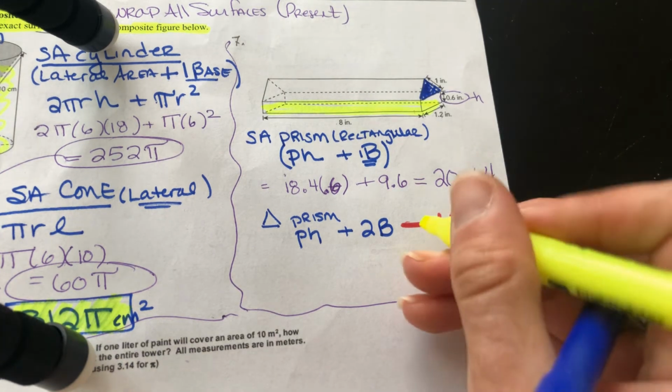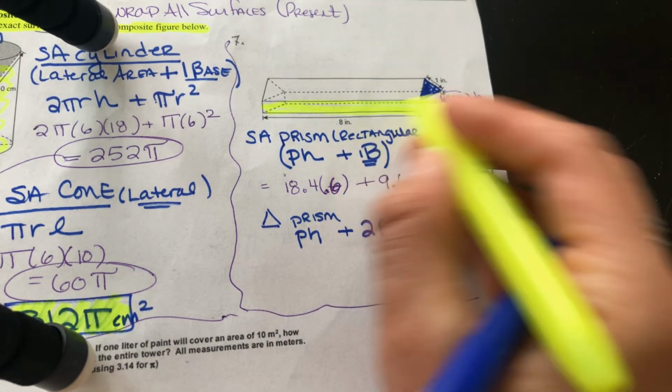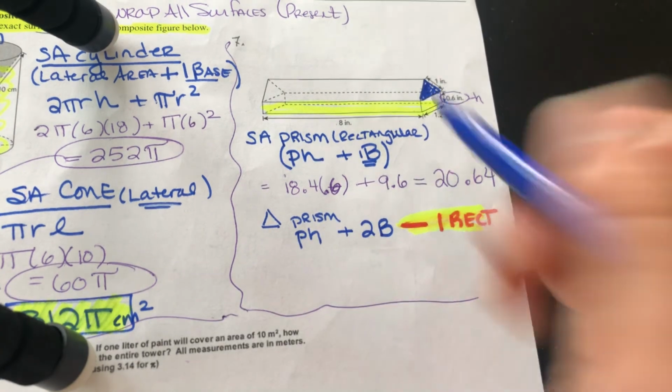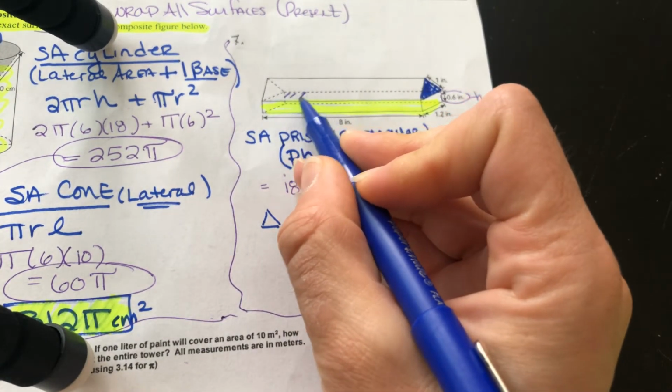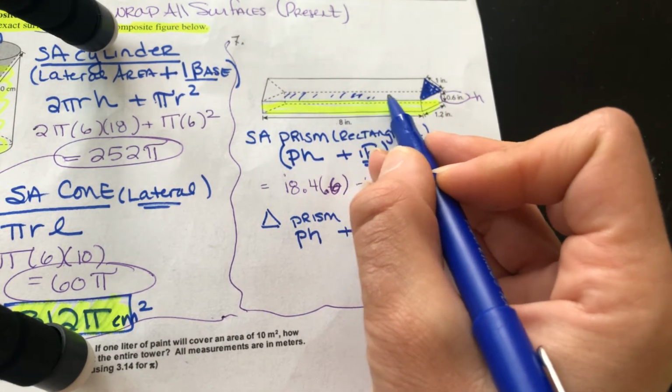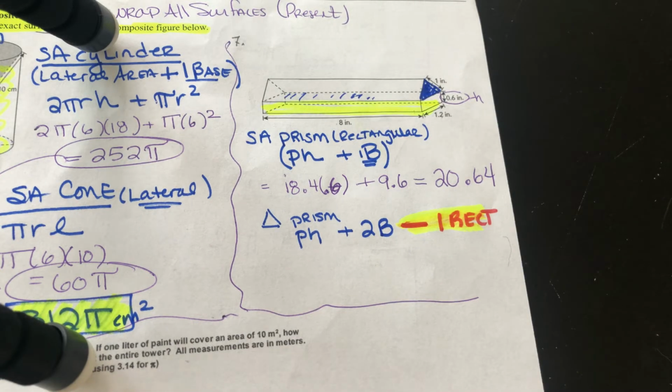Because if not, then you're over counting and you're kind of including an extra rectangle, right? Because you don't want to include this rectangle on that triangular prism. Again, if you can try to make sense of it, think about it logically.